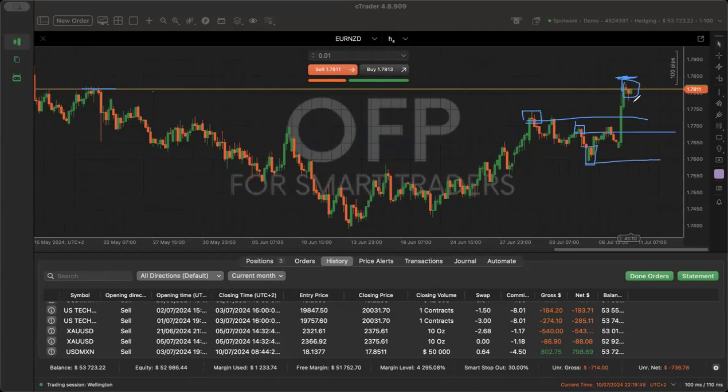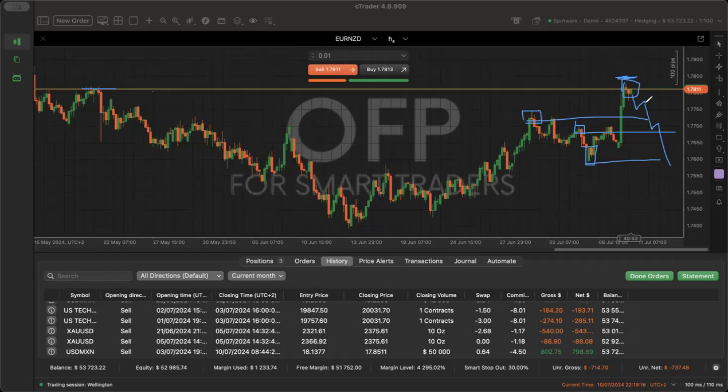This could even be like a 10 to 1 risk reward. So I still see Euro New Zealand going to the downside, but it may not be this week, maybe next week or before the 20th of July, I guess. I believe that's where we may be heading for Euro New Zealand.